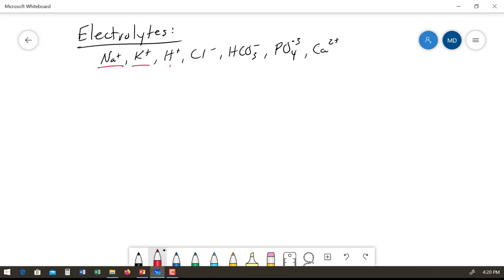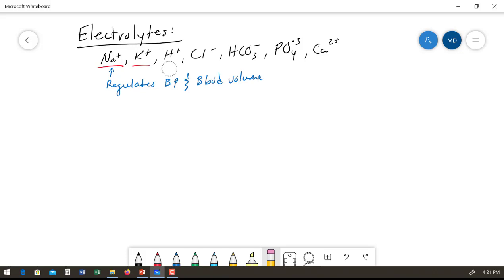And of course, hydrogen is the big thing for pH. These are all important for the functioning of muscles and nerves. We've discussed all of this before, as well as, in particular, sodium is really critical for blood pressure. It's a big regulator, so it regulates blood pressure and blood volume.